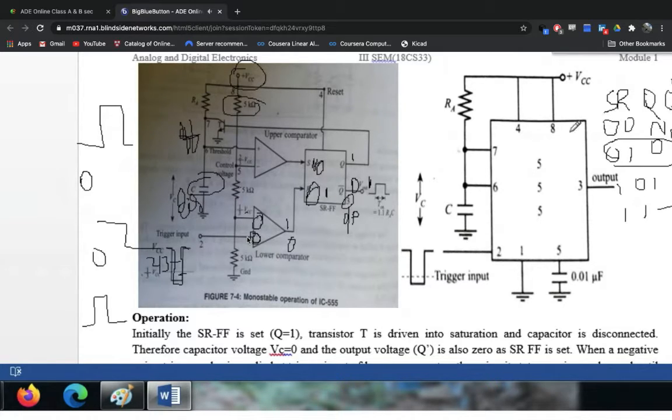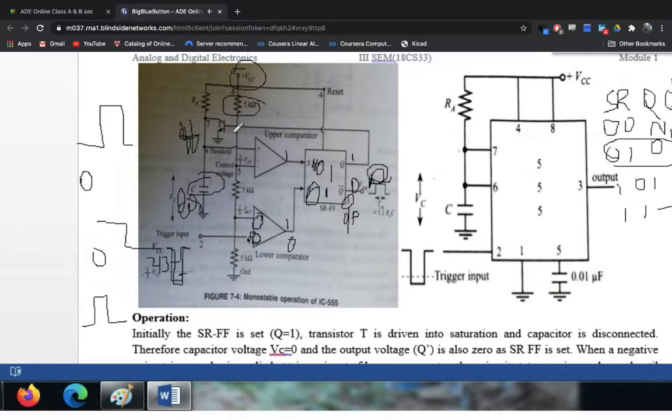Once the voltage at this point goes above 2/3 VCC, this goes 1. So S becomes 1. We know that R is already 0. So here there will be a change. Q becomes 1. Q bar becomes 0. So our output comes back to the stable state. Because Q is equal to 1, once again this transistor will be on.